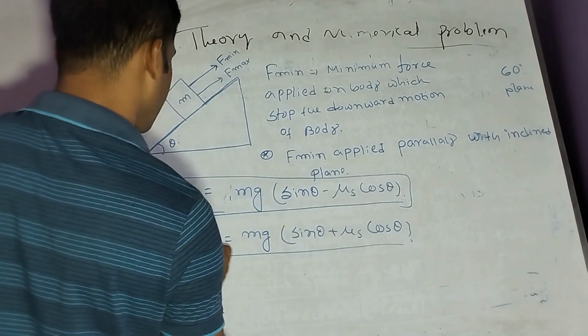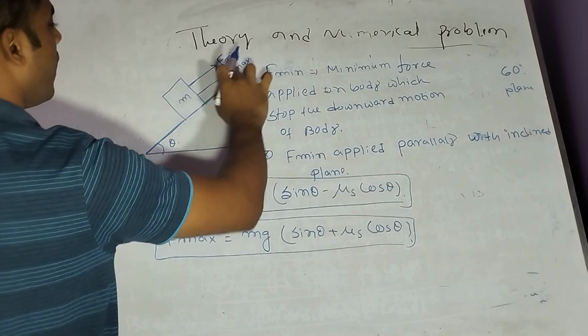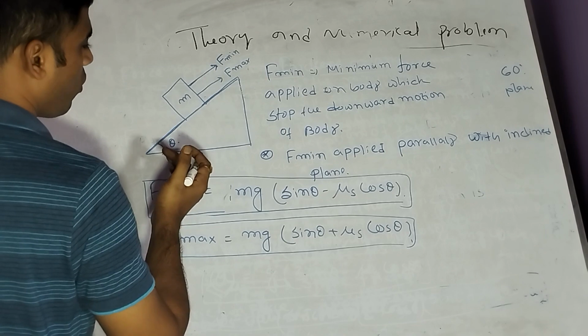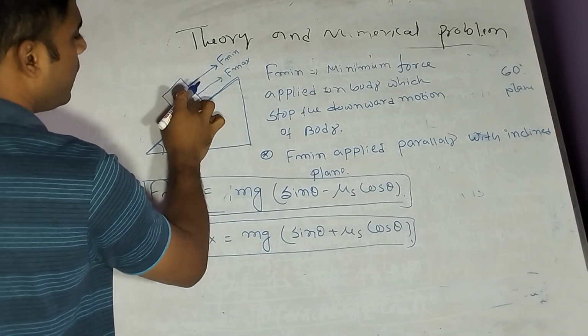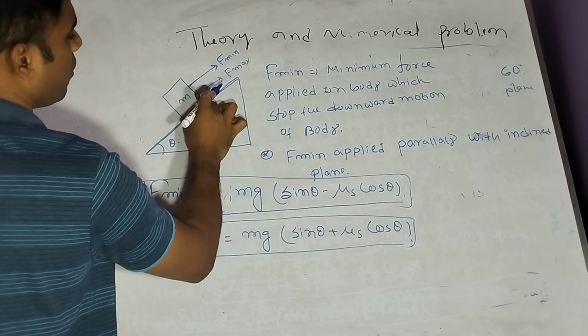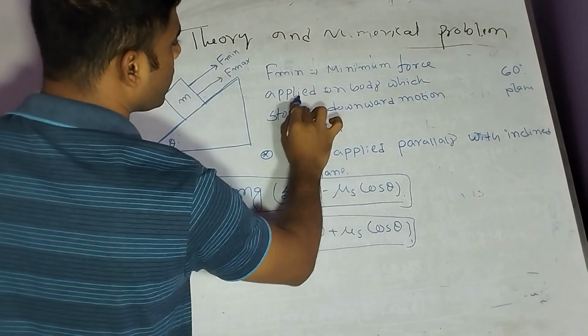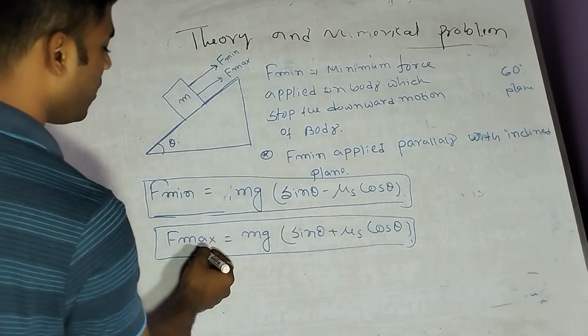What is the F max? F min is the force applied parallelly along the inclined plane which stops the body moving in the downward direction; the body will stop at this point. This is the minimum force applied on the body which stops its downward motion. What is the maximum force?